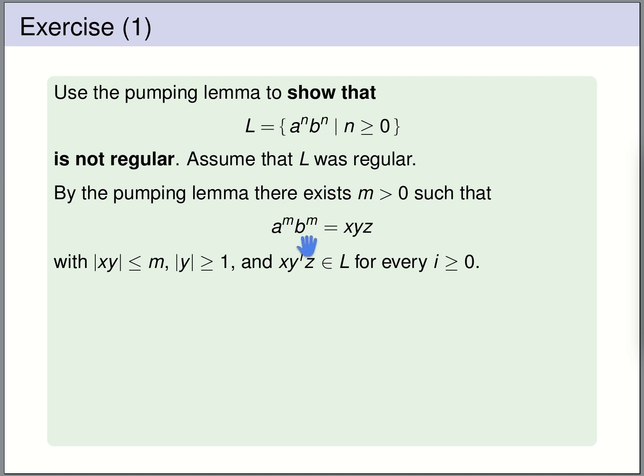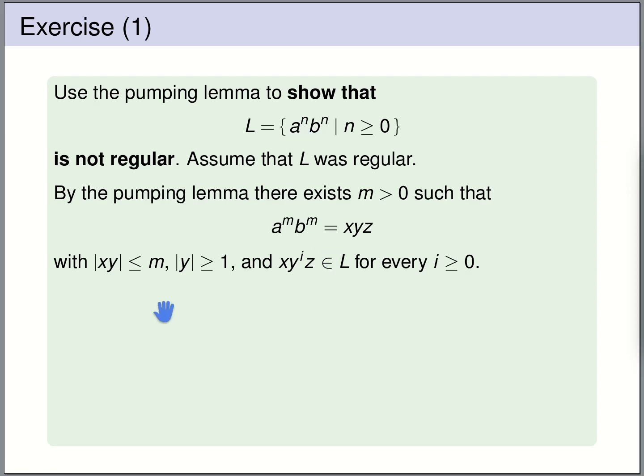So we pick a to the m, b to the m. It's a word in the language and it has at least length m. And then the pumping lemma guarantees us that this word can be decomposed into parts x, y, z, such that xy has length at most m, y is non-empty, and no matter how often we pump the middle part, we stay in the language.